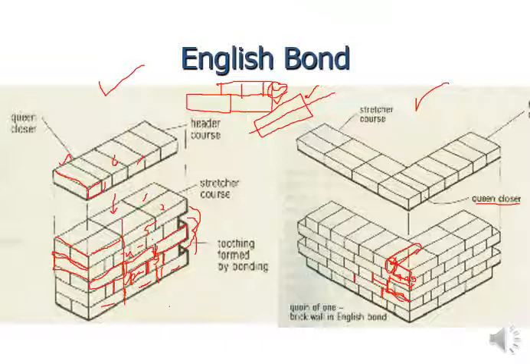So if you place this queen closer between the 2 headers, then it will be a very stabilized condition and position for the queen closer. So to compensate this 7.75 dimension, you are placing a 2.25 queen closer and, at the corner, this 4.5 header. Okay, in this way you are completing this thickness of 9.5. Okay, in this way.